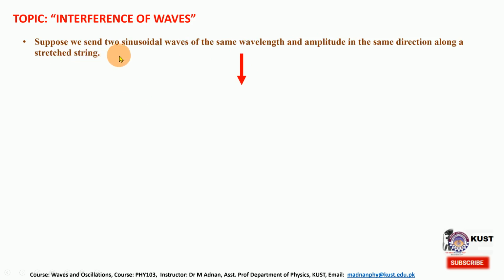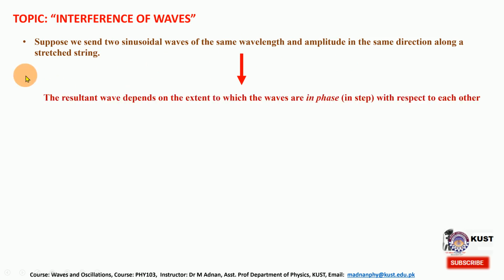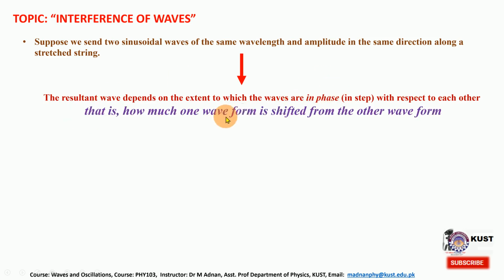So if we send two sinusoidal waves of the same amplitude having all these parameters the same, what are we expecting? The resultant wave depends on the extent to which the waves are in phase with respect to each other. That is, the rest of the parameters are the same, but they differ in their state of motion, as we have discussed the state of motion in terms of phase. That is, how much one waveform is shifted from the other waveform.